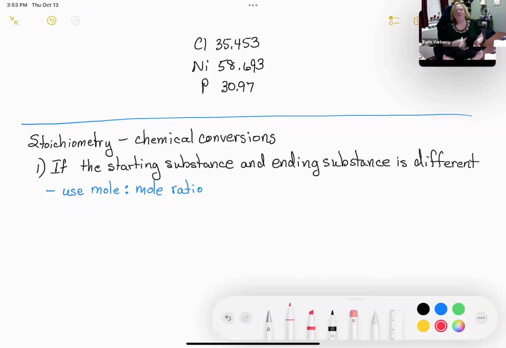Now, there's a couple of different ways to find your mole-to-mole ratio, but we're only going to be talking about one of them today. We've got to wait until we balance chemical equations to get to the other one.